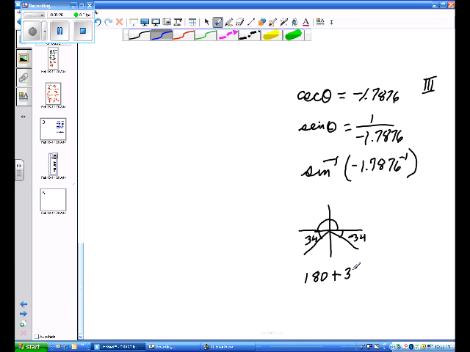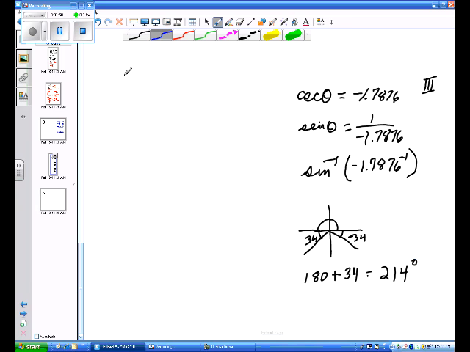So our angle is 180 plus 34, which is 214 degrees. Okay, so your calculator will, in many cases, give you the reference angle, and it may often give it to you as a negative angle because you're in the fourth quadrant. So you have to recognize how to put that in each quadrant.